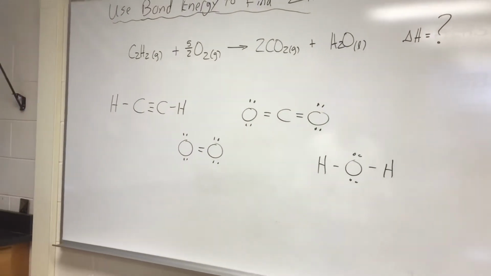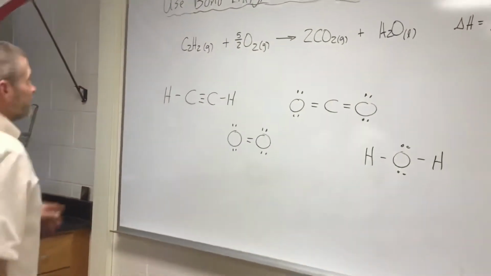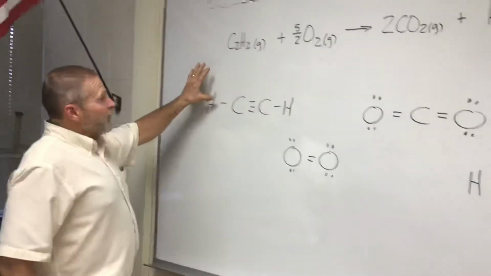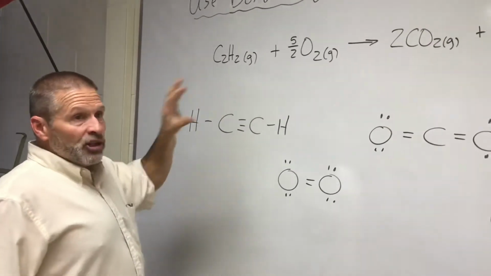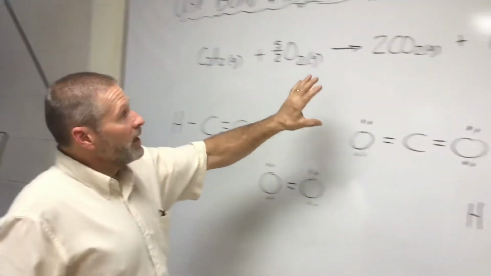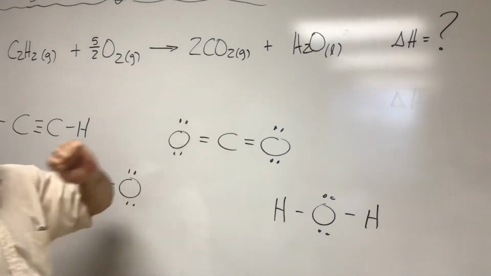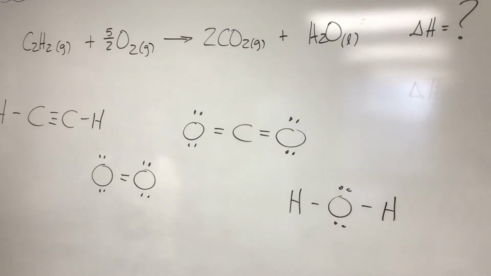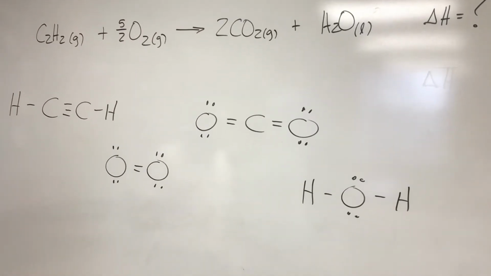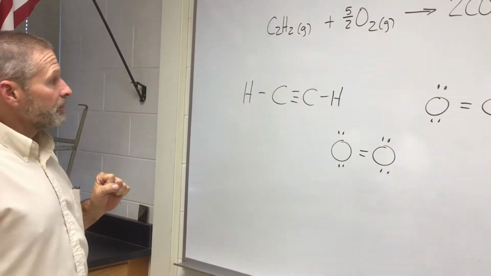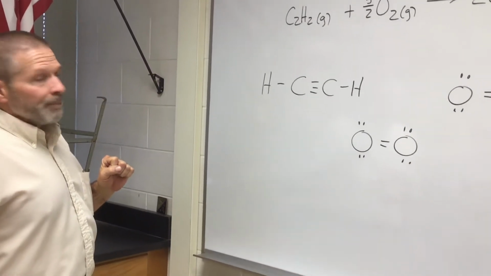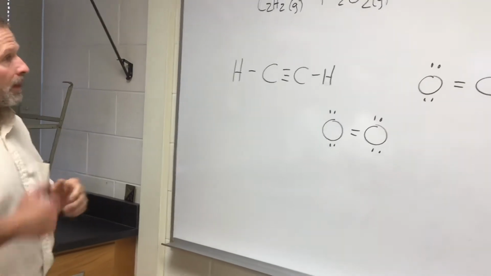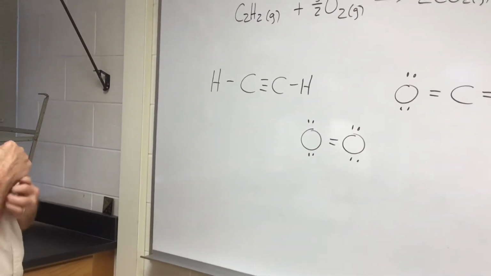Okay, so in order to do this, we're going to have to break reactant bonds. That means energy is going to go in, and we're going to have to form product bonds, and that means energy is going to go out. It's going to be exothermic and negative. So in the reactants, all those atoms that are currently bonded to each other have to come apart.